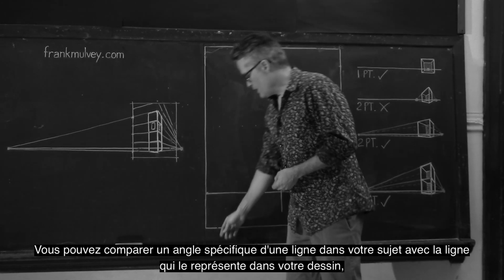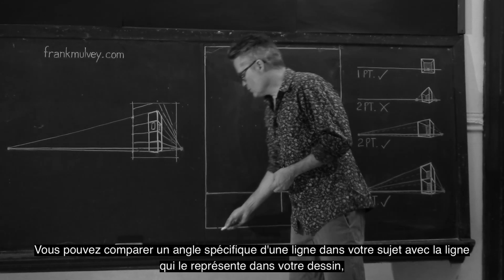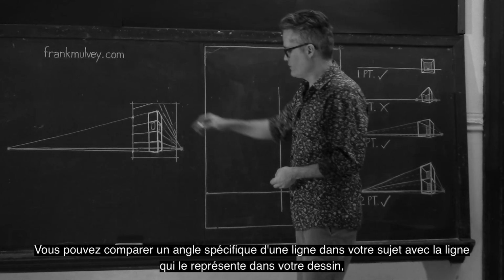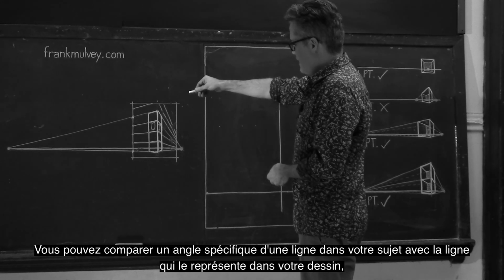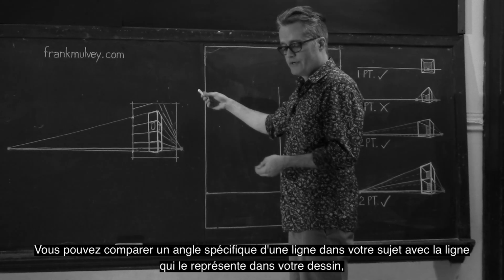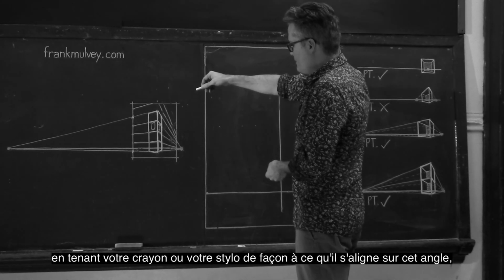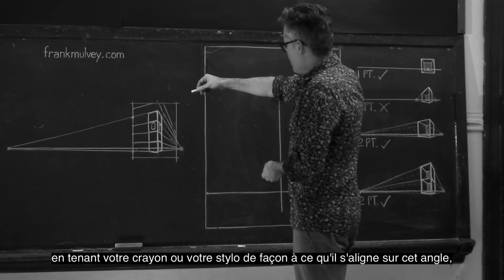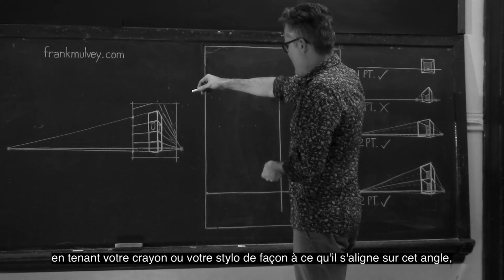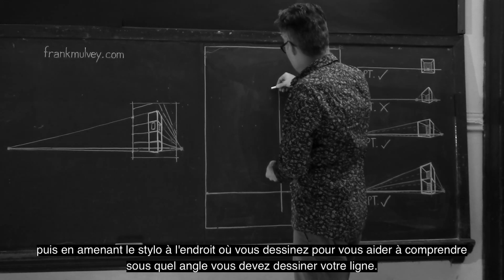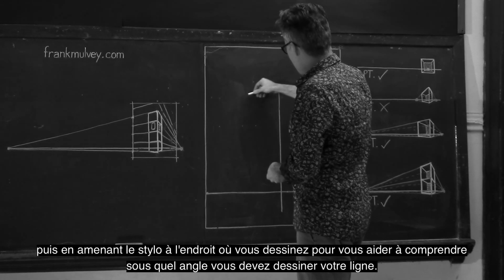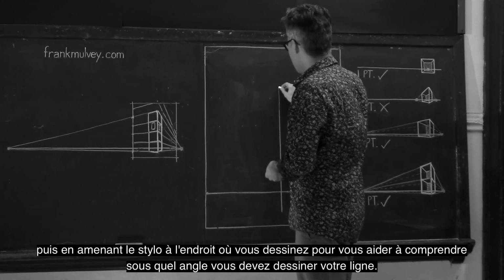Sighting relies on you looking at a particular angle of line and holding your pencil or pen in line with that particular edge, and then bringing that over to where you're drawing and understanding what that edge would be angled at.